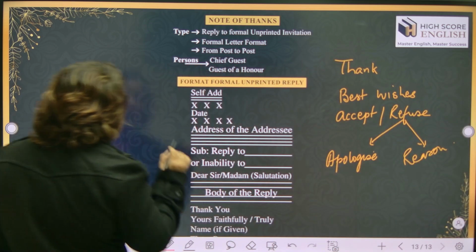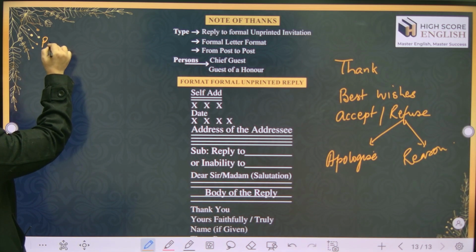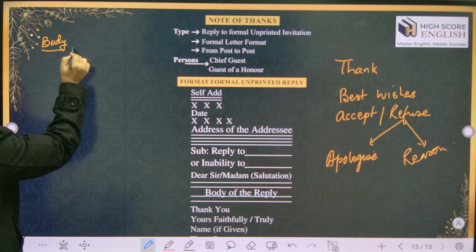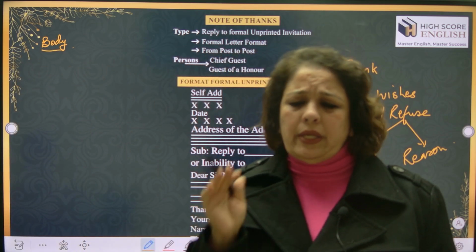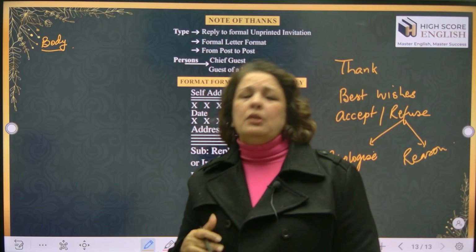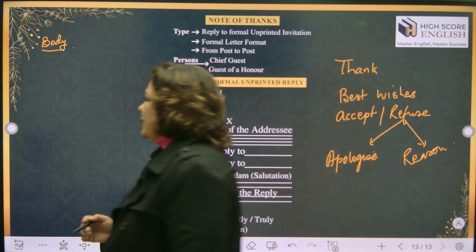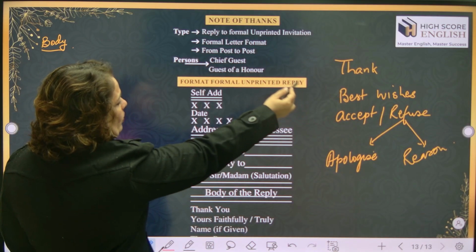So let us start with the body. I'll write the body here. Just the body part I'm writing. The chief person who has been invited as the chief guest is giving a reply to the principal that he is not able to attend the function, giving some reason. Okay, so let us see how he does. First of all, he has to give a thank.